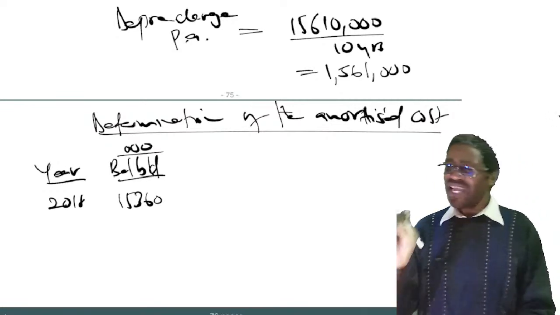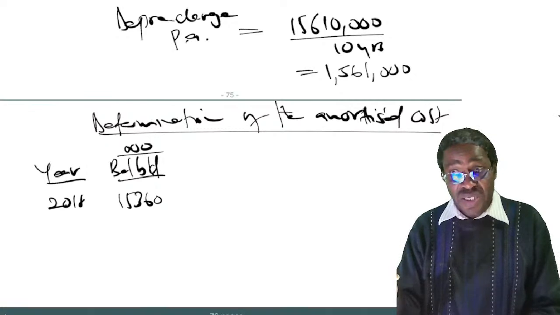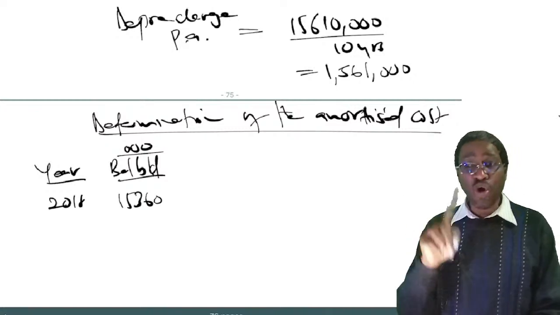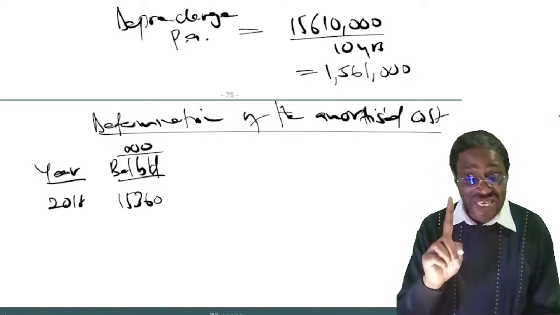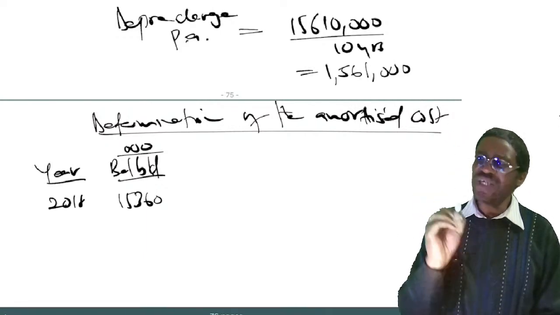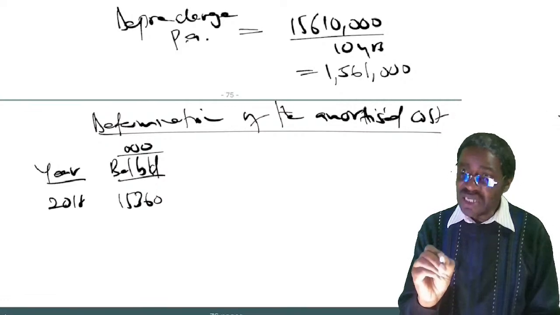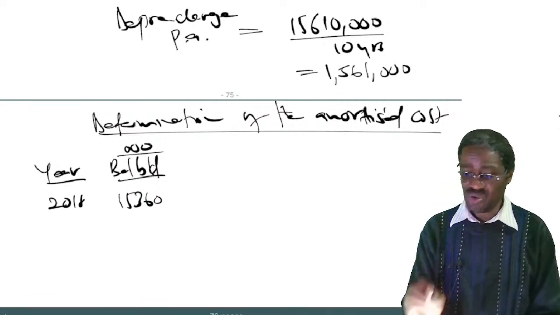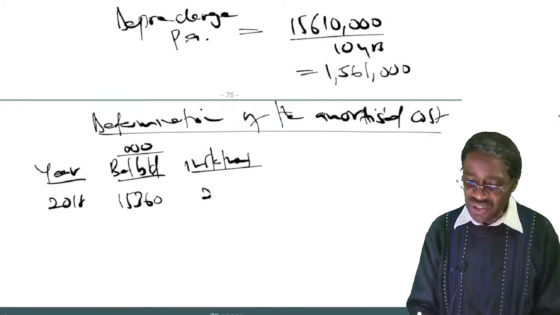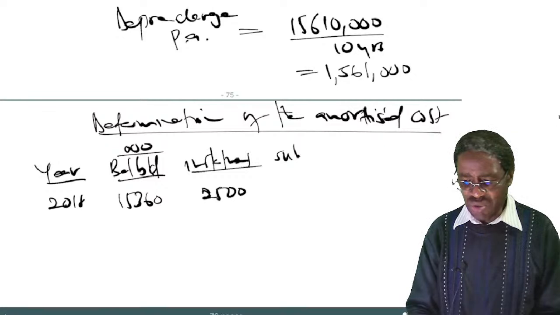Listen. The next column will either be a column for interest or a column for installment, depending on the agreement. If the question is one where you are paying your installments in advance, then you are paying on the first day of the year. So you would have put installment here. Once you pay that installment of 2.5, it will leave you with another amount we call the subtotal.